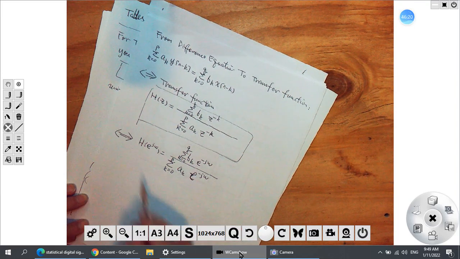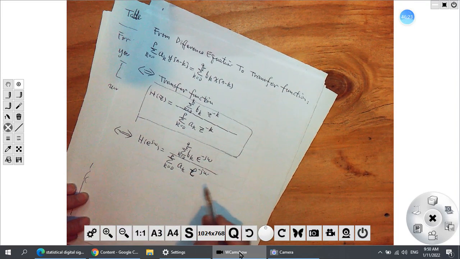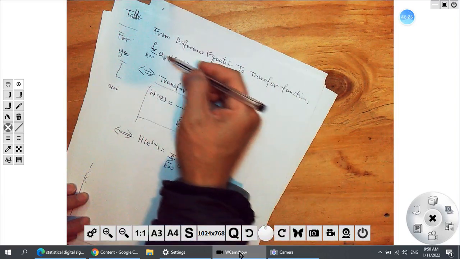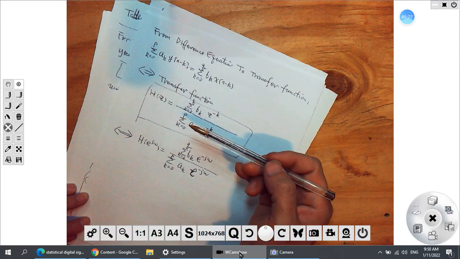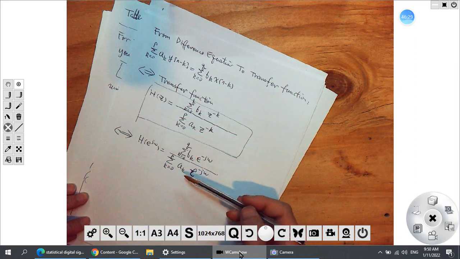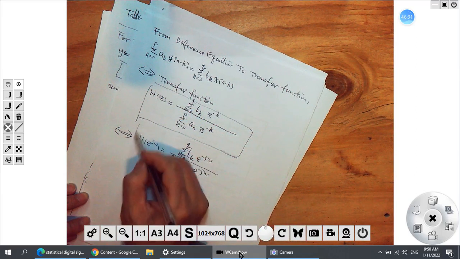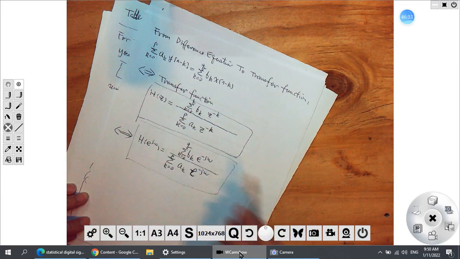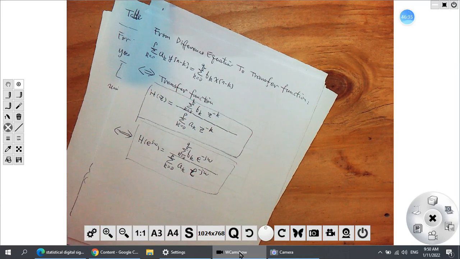So you can also have the frequency response. When you have the difference equation, you can have the transfer function and the frequency response, in just one step. You just write it down. You don't need to perform the Fourier transform or the Z transform to get it.